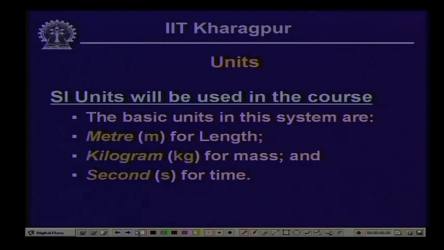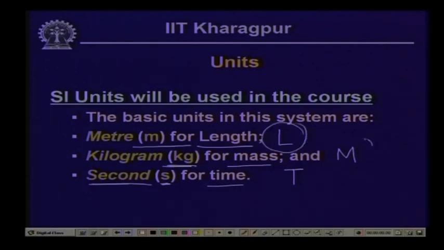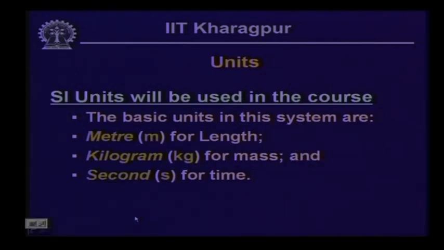We use the international system of units in this particular course, and the basic units for this system are: meter for length, let us call this length L; kilogram, abbreviated kg, for mass M; and for time we use second, abbreviated s, let us call this time T. So, based on these basic units L, M and T, we arrive at certain derived units.